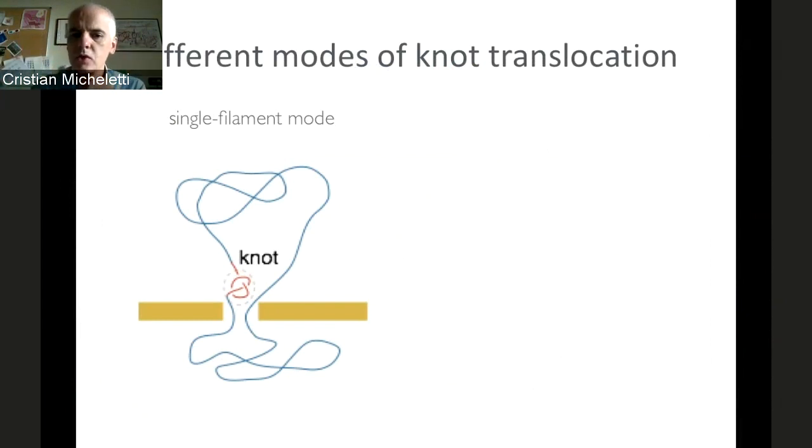The knot, like in the simulation that I've shown, ends up on one of the strands that goes through the pore, and it tightens. The reason why you have different translocation times, different event durations, has to do with the fact that if the passage occurs at the beginning or at the end, the velocity is different, given the intriguing relationship between contour length, timing of the translocation, and velocity of the translocation.